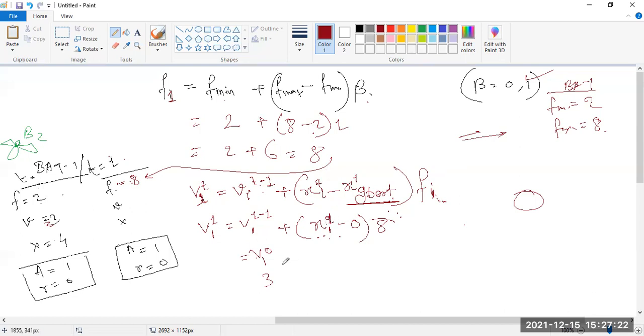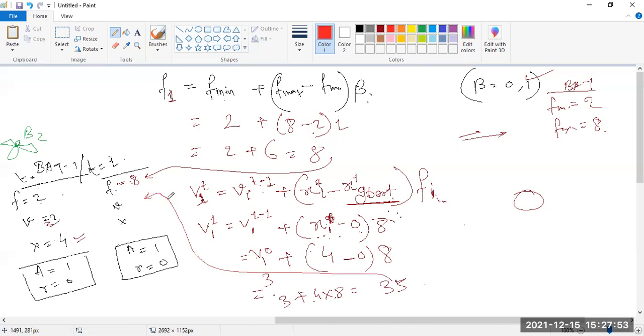This is iteration 1. It will give you 4, and the global best is not there, so it is 0. So this is 8, and we get 3 plus 4 times 8, which becomes 32, plus 3 equals 35. So we have to update the velocity we got here, that is 35.